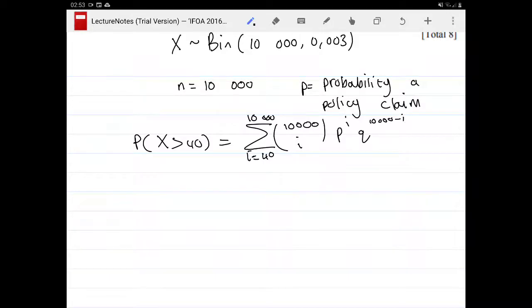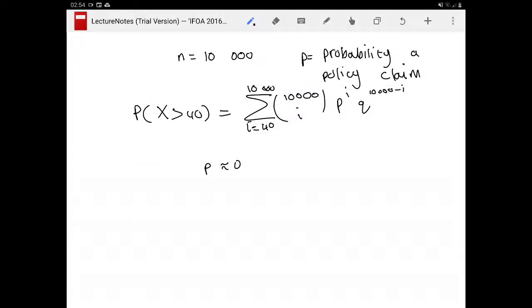Because our n is 10,000, our n is incredibly large. Our p is quite small, a lot closer to 0 than it is to 0.5. But because we've got this 10,000 here, we have quite a large number of trials, so the approximation can still work.